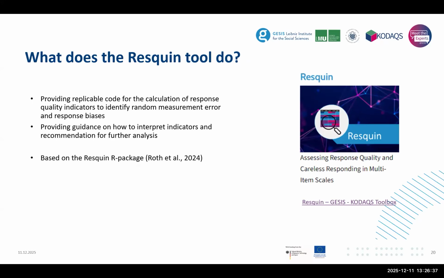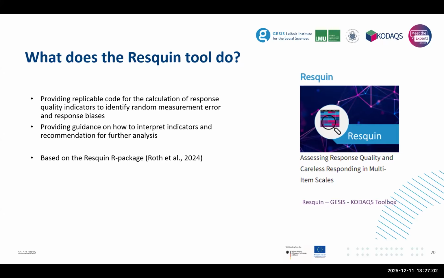Okay, so that would be about the theoretical background, let's call it. But now, talking about the tool, what does it actually do? The Resquin tool builds upon all of this, and to sum it up, it provides replicable code for the calculation of response quality indicators to identify either random measurement error or systematic response biases.